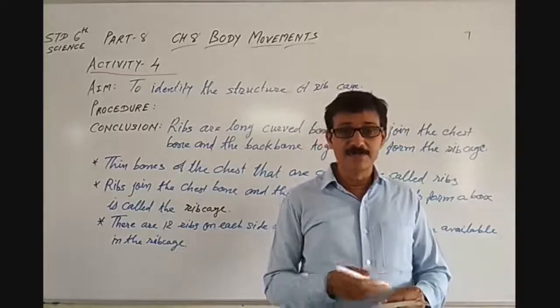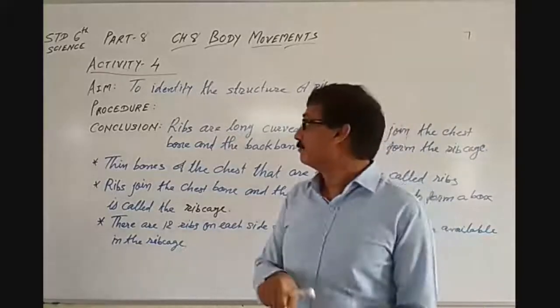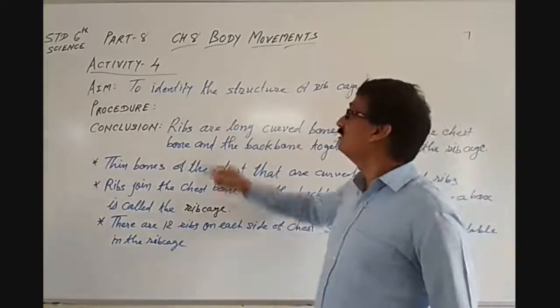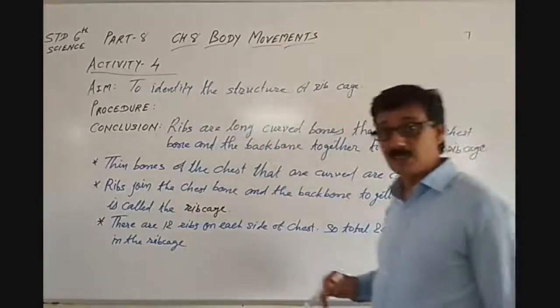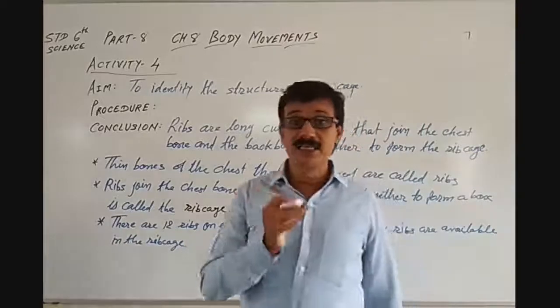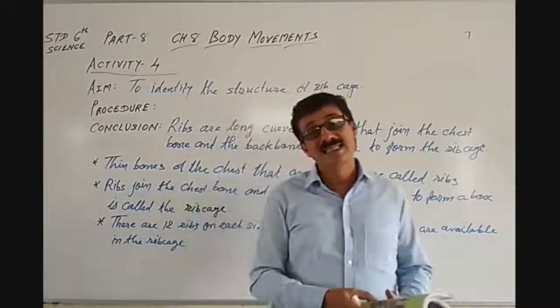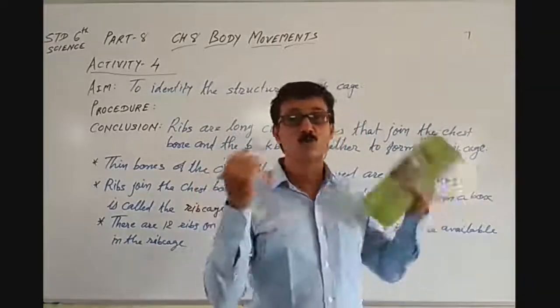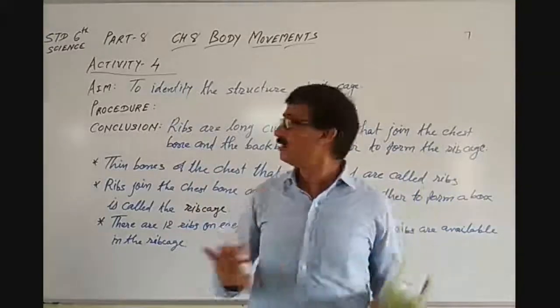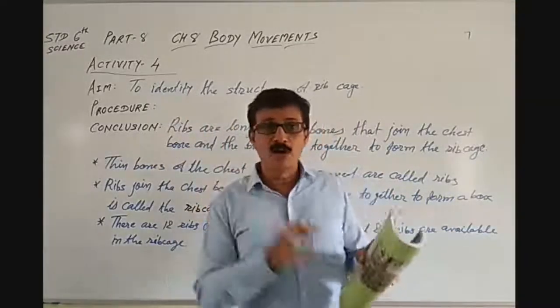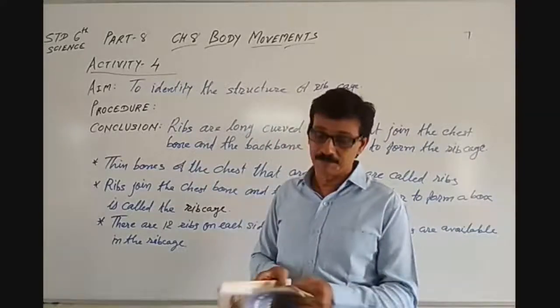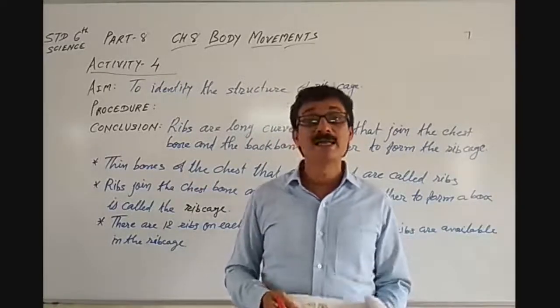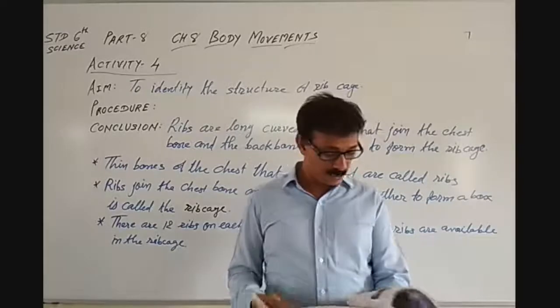The aim of this activity is to identify the structure of the rib cage. By this time you don't know what the rib cage is, what ribs are, okay? But this is our aim. So now let's read the textbook and try to understand this activity on page number 70.